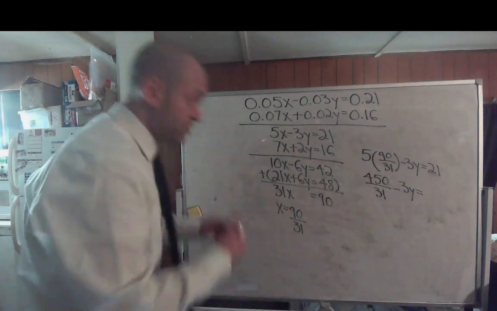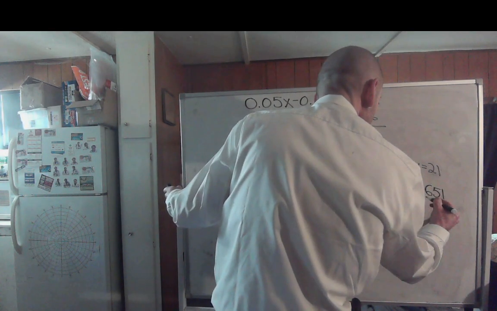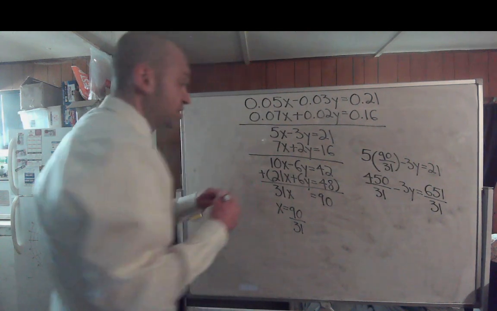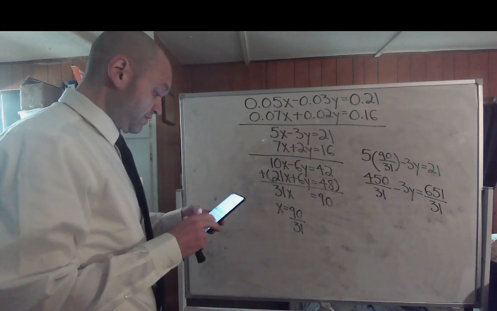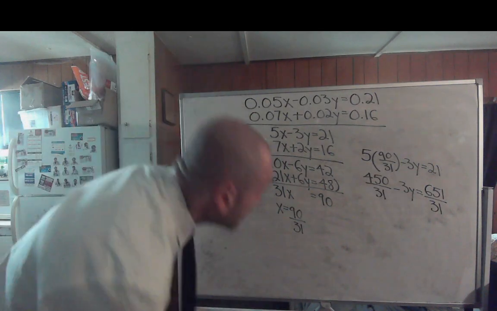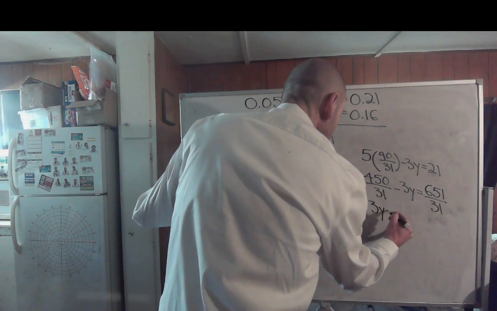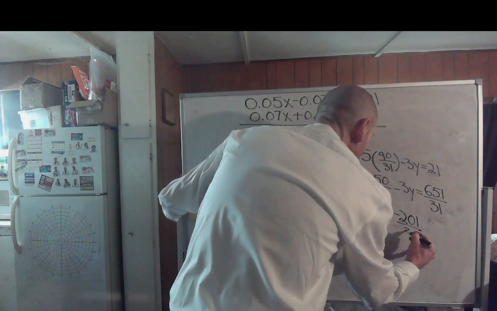That'd be 651 over 31. Man, that's going to be different. So 450 minus... Alright, so I'll end up with 3y is equal to negative 201 over 31.